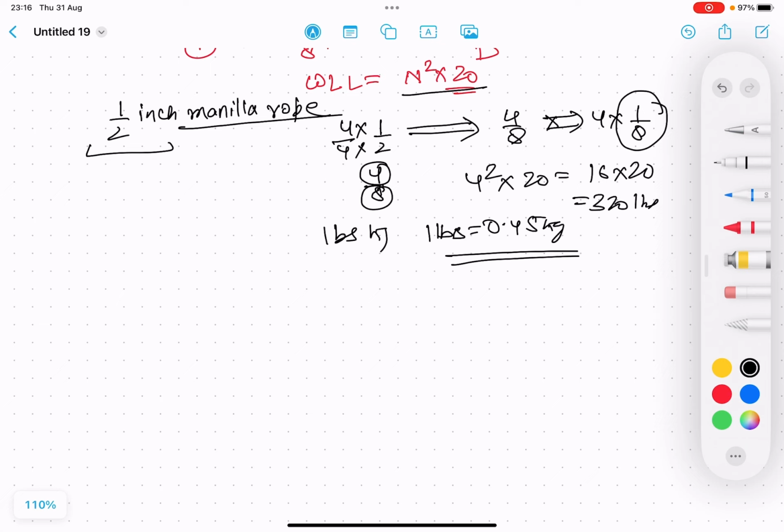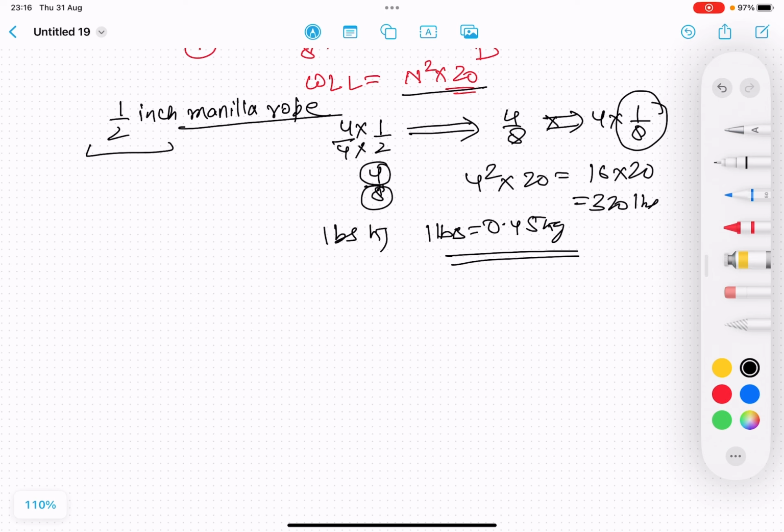Now let us suppose there is a nylon rope. Various types of ropes are there. For the nylon rope, the same thing: change the rope diameter into eighths of an inch, and square the numerator, multiplied by 60.